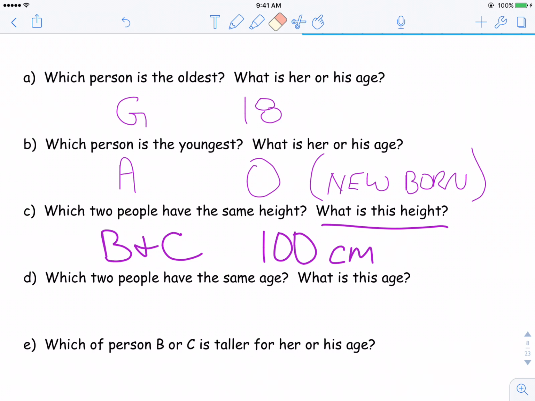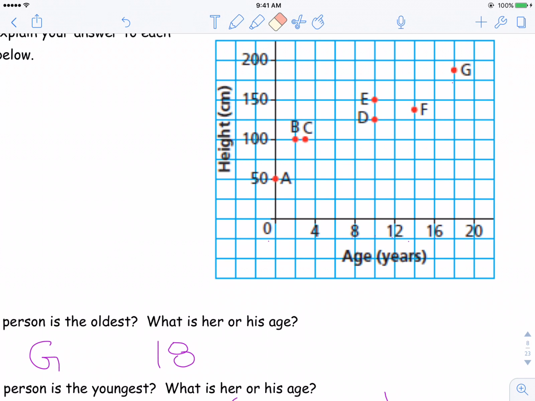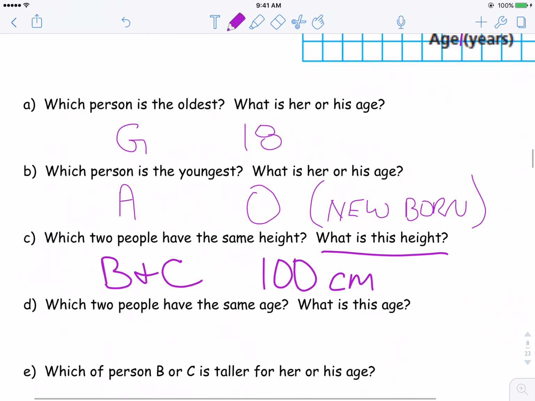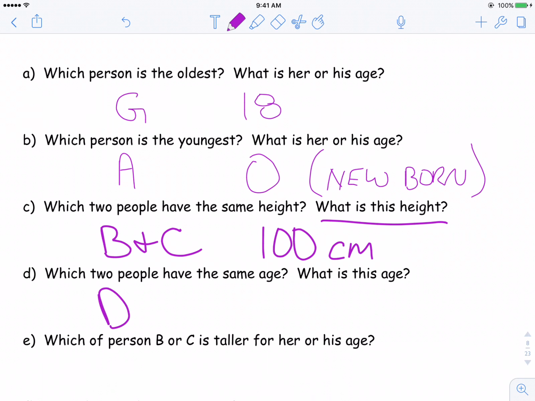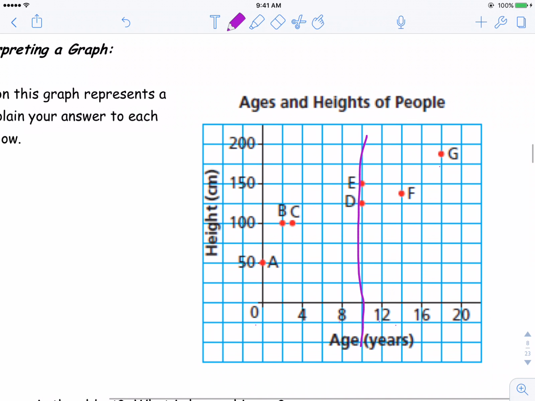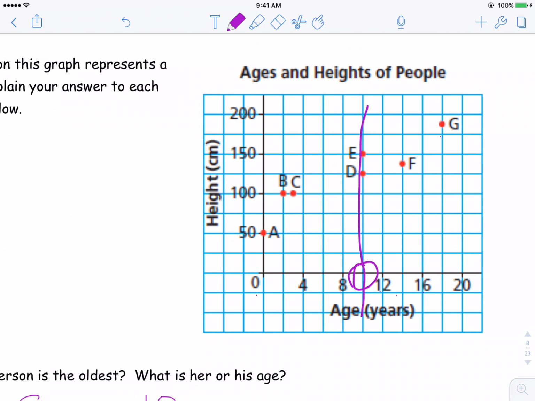Question D, which two people have the same age and what is this age? So this time we're looking at the age axis. Nobody is A, nobody's B, nobody's C. Two people are D and E, nobody's F and nobody's G. I mean, no pairs, so we just have D and E. Two people have the same age, D and E. And what is this age, not height, age, and that age would be, what's this value here?